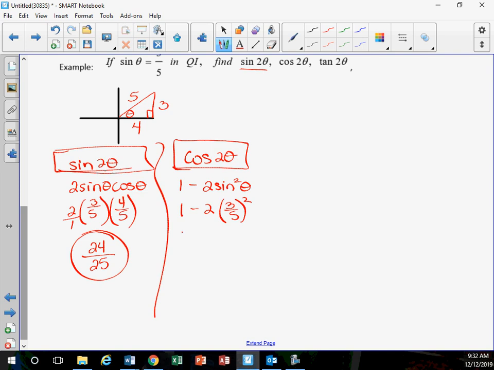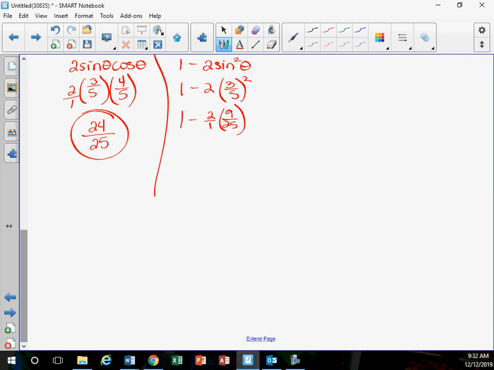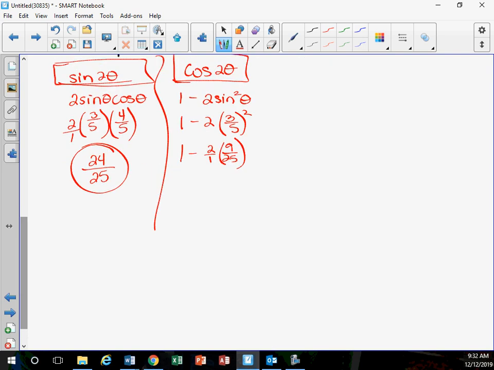All right, so this is really 1 minus 2 over 1 times 9 over 25. Okay with that? Move it up a little for you guys. When you square a fraction, you just square numerator and denominator. So this is really 1 minus 18 over 25.